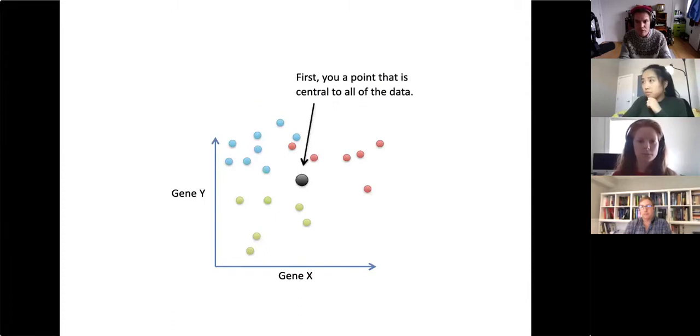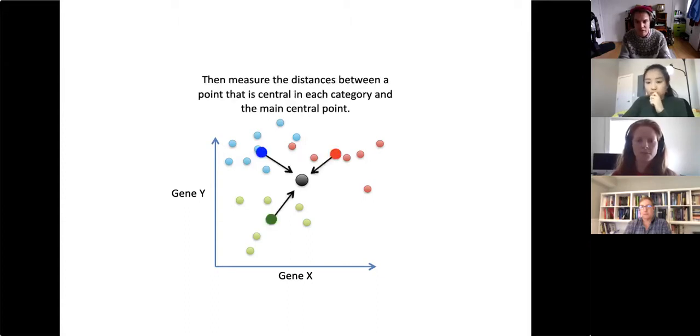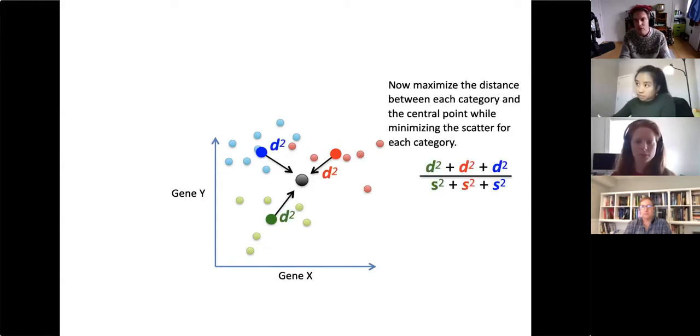First, you find a point that is central to all the data, and then you measure the distances between a point that is central in each category and the main central point. So those are where our D squares come from. And now we just maximize the distance between each category and the central point while minimizing the scatter in each category. So again, we just want to maximize this ratio, whatever it takes.